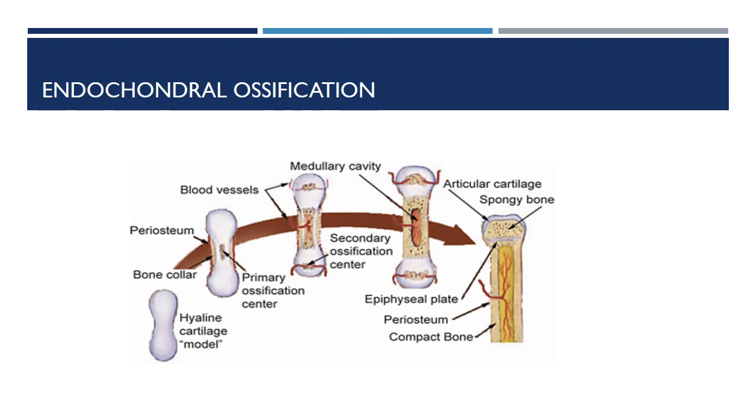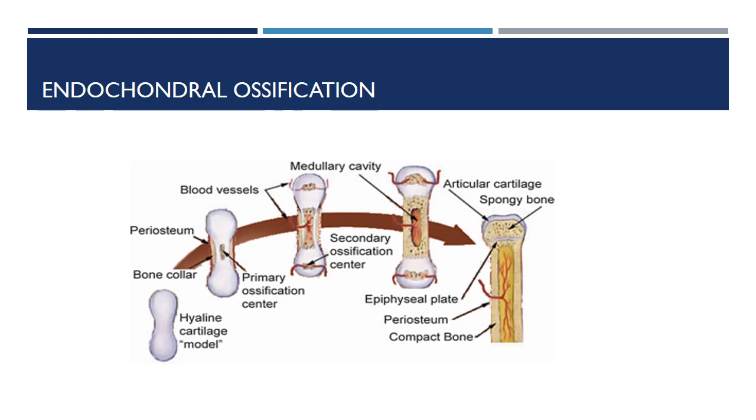There are a lot of mesenchymal stem cells in the perichondrium, and the mesenchymal stem cells living in the perichondrium will differentiate into osteoblasts. So what is the function of osteoblasts? Osteoblasts will produce bone tissue. So it produces the bone tissue and forms a bony collar surrounding the hyaline cartilage model.